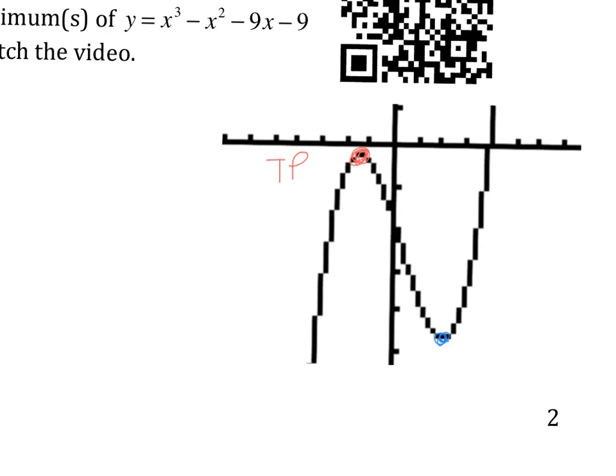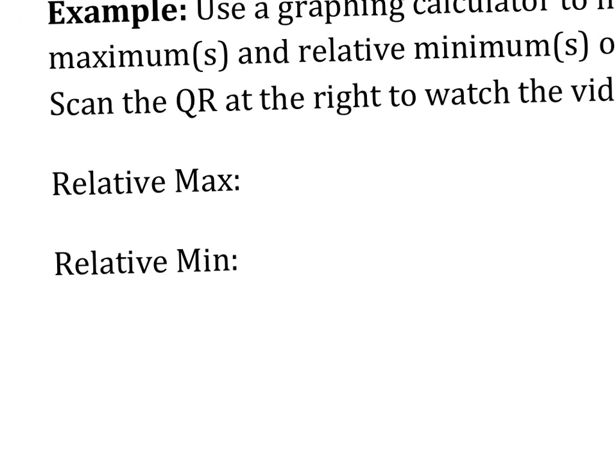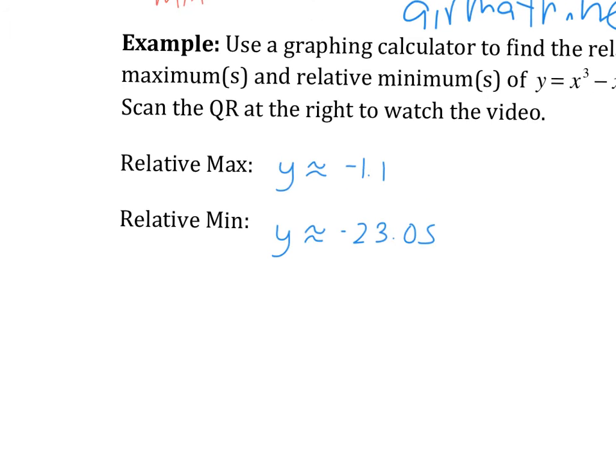So after we check our calculators and use it, the relative max is approximately, so if I said y is approximately negative 1.1, that would be a good answer. And the min, y is approximately negative 23, actually negative 23.04 or 23.05. But had you said that, that would work out as well.